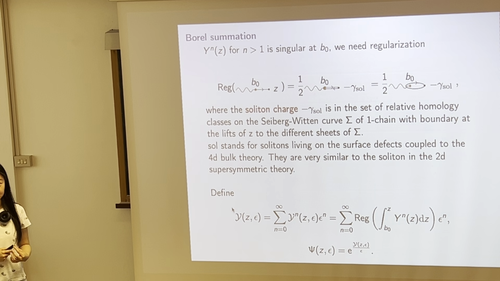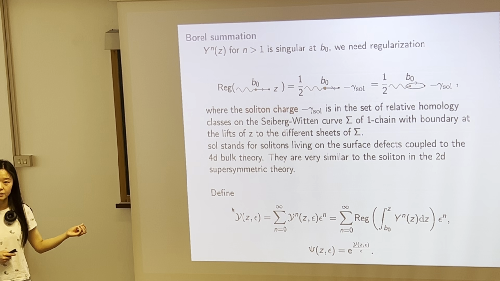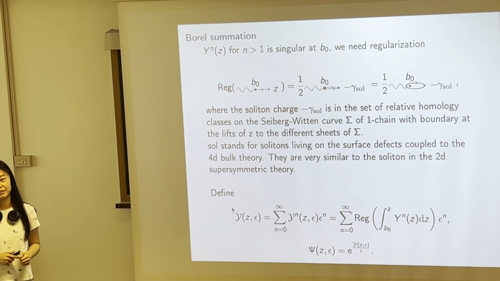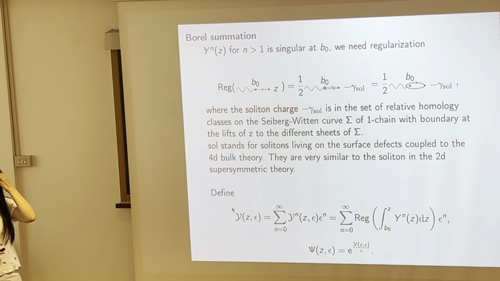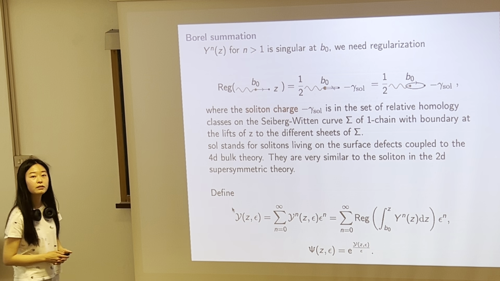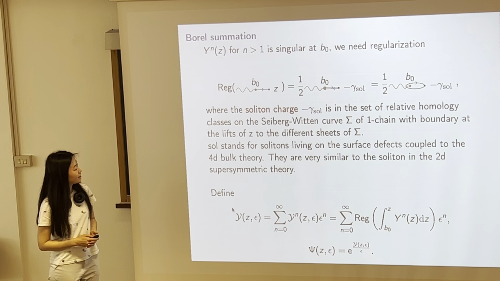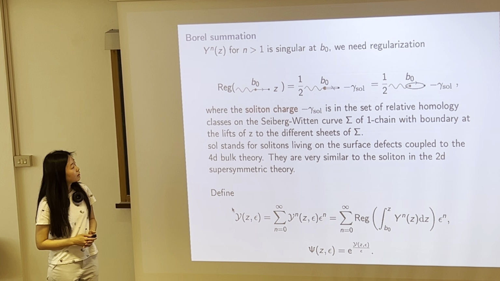I haven't thought about it yet, but in the exact WKB community, there are two things people usually do. One is to use the regularization at the branch point. The other is to use some regularization at singular points. I think in that case, they would use singular points as a regularization. So B0 is a zero of Y0, right?